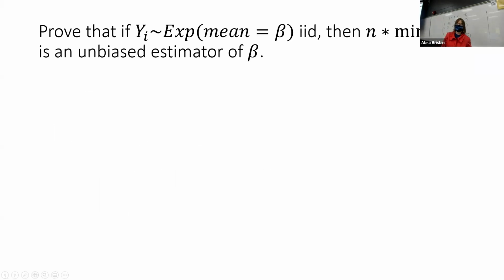All right. So now let's take our other estimator. Let's take y sub i as an independent, identically distributed set of random observations from an exponential distribution, same as before. Let's prove that n times the minimum of the y sub i's is an unbiased estimator of beta.